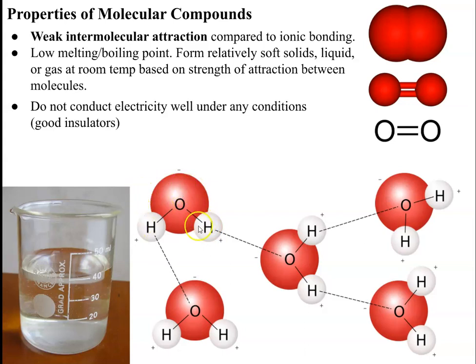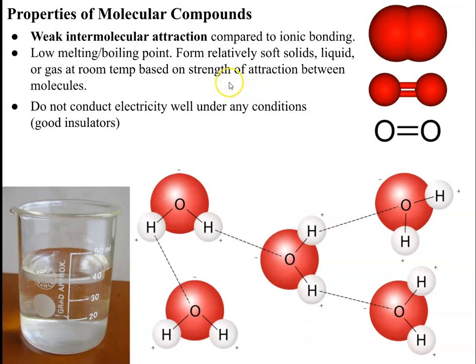But each one of these molecules is an independent unit, and the attraction between the molecules is weak compared to the chemical bonds that are holding all of an ionic compound's crystal lattice together. Again, here in this example of a diatomic oxygen molecule, this double bond, covalent bond, would be very strong, but the attraction of this oxygen molecule to another molecule compared to the chemical bonding in an ionic compound's crystal lattice would be relatively weak.